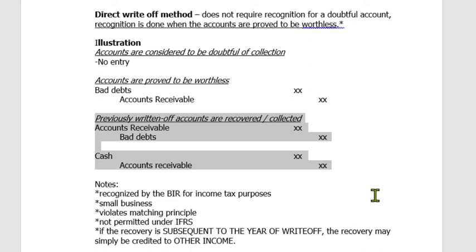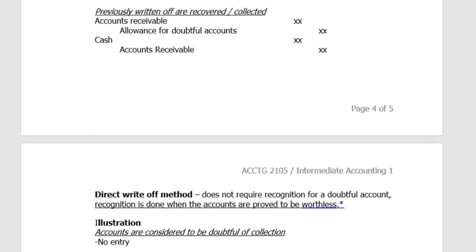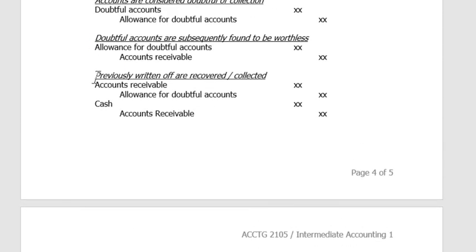Pero kapag allowance for doubtful accounts ba, sir? Ay pag allowance method ba? Papaano ang treatment? Under the allowance method, whether it is within the year of write-off or subsequent to the year of write-off, you have to restore yung receivable balances. That is the generally accepted approach under the allowance method.